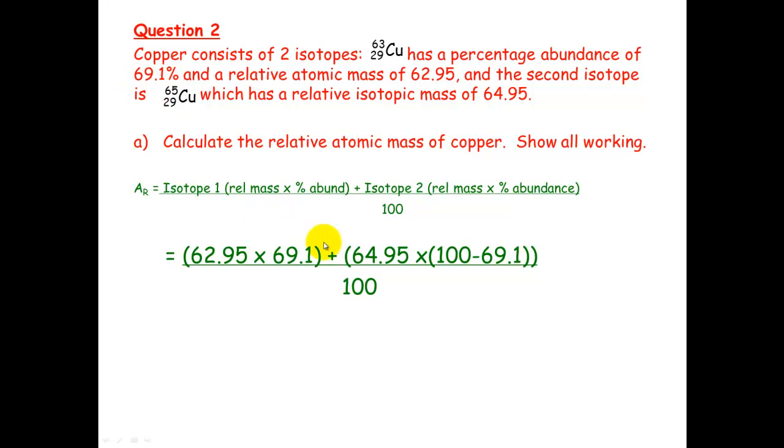In total, they must equal 100, so the abundance of the second isotope must be 100 minus 69.1. Now we just need to solve for that. Remember when you put it into your calculator to put brackets around it or to work these out individually first. So we get an answer of 63.6.